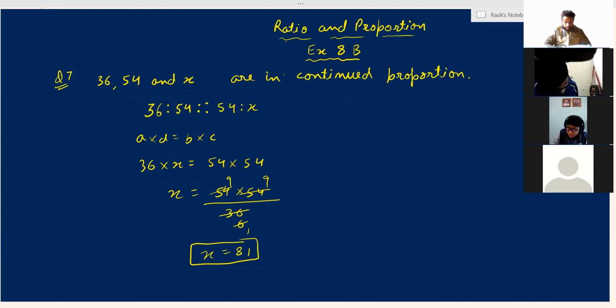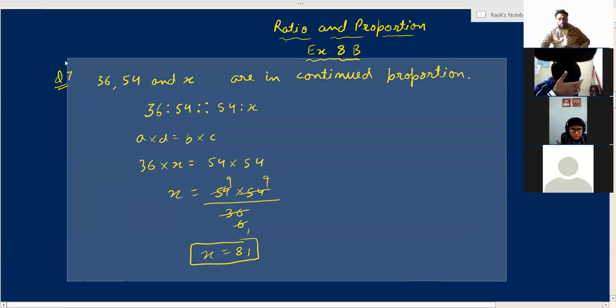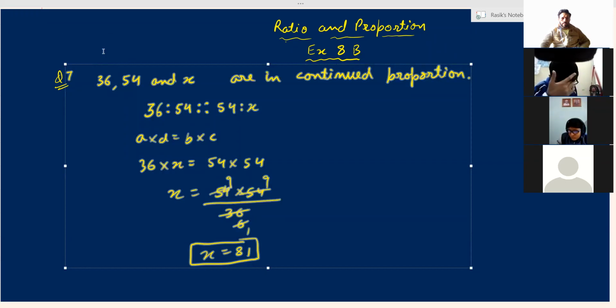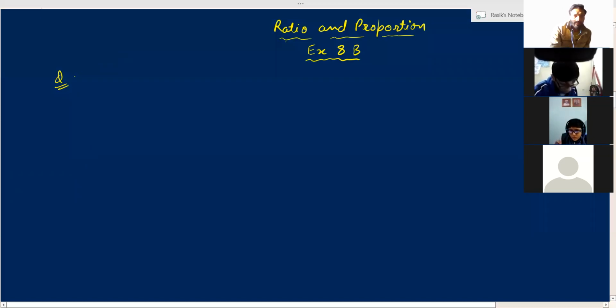The answer is 8. X equals to 8. Very good. Send your answer in the group.